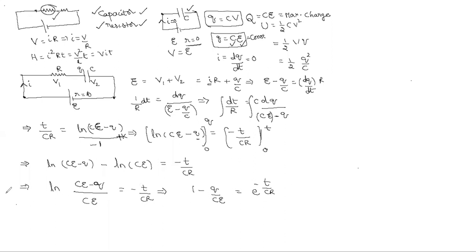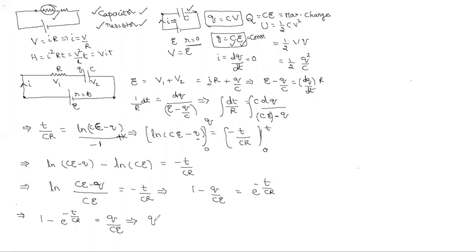So finally, I'm getting 1 minus e power minus t by CR is equal to q by CE, taking this one to the right hand side. Is it okay? Yes, sir.